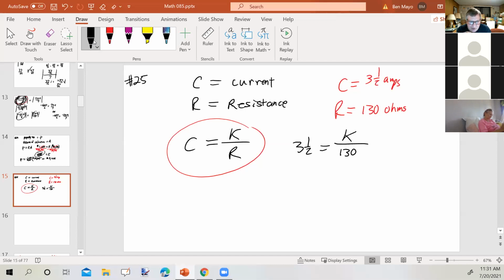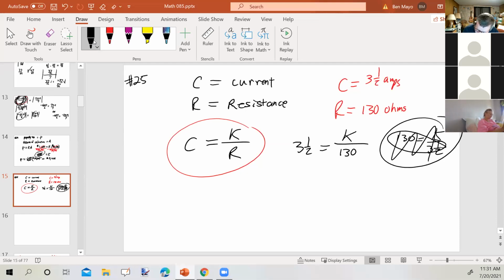So label stuff, and make sure you're putting the right numbers in the right place. You'd still multiply these two together to get K, but I think you'd get in trouble in the next step.